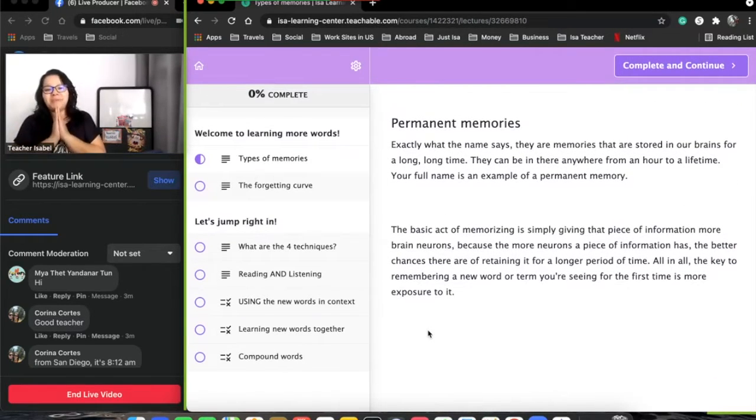The permanent memories, though, these are exactly what the name says. They're permanent, they're long-term, they are stored in our brain for a really long time. And it's funny because researchers and scientists who study memory, no one can really agree on how long-term memory is.